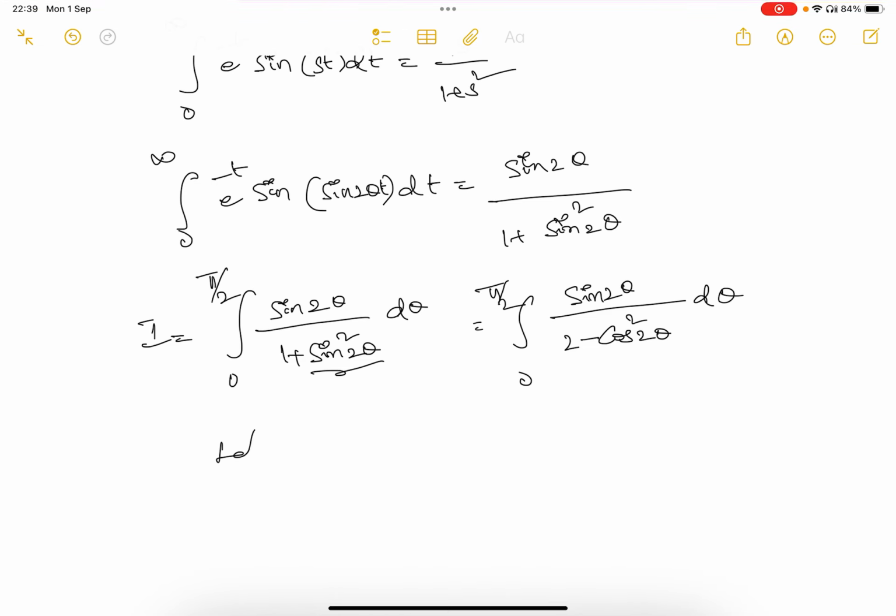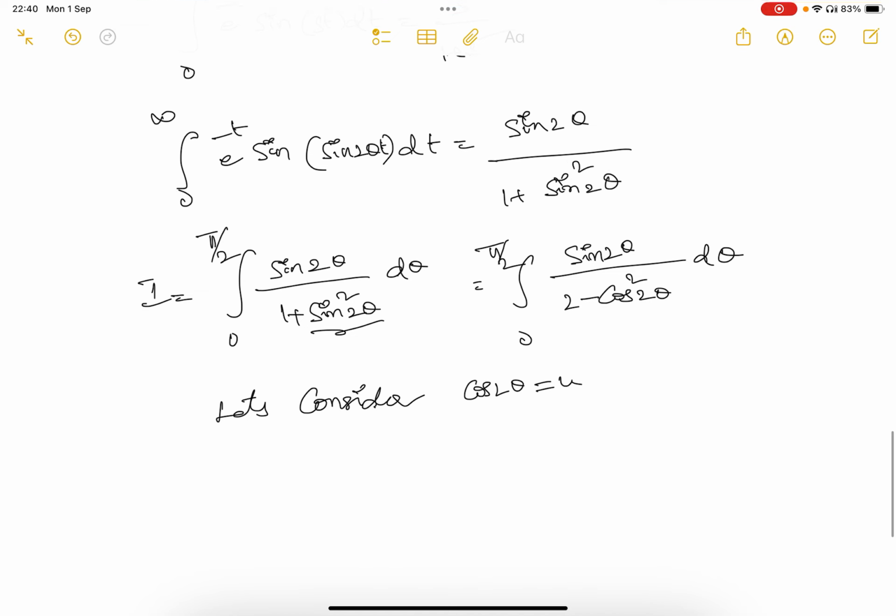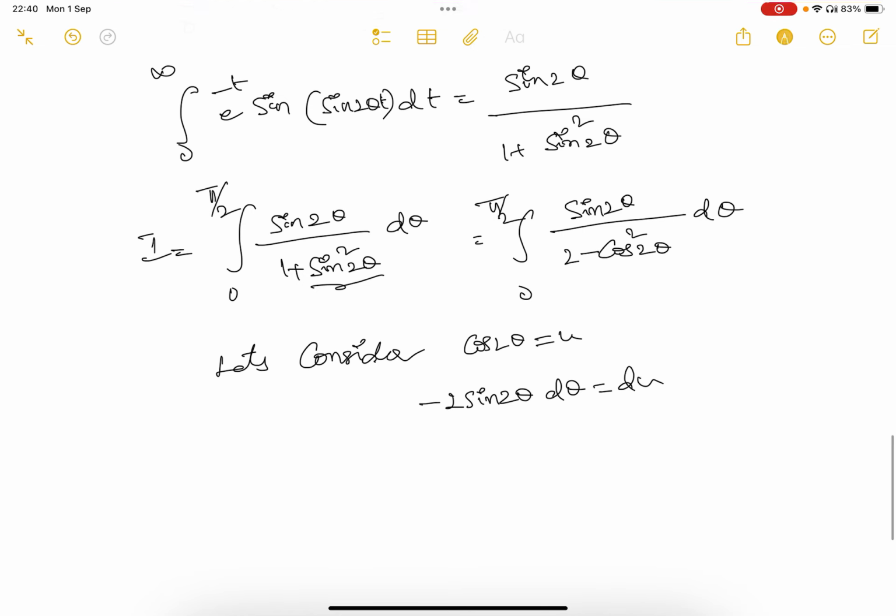So here let's consider cos 2 theta as u, right? Then if you differentiate, this will be minus 2 sine 2 theta d theta equal to du. What about the integration limits?